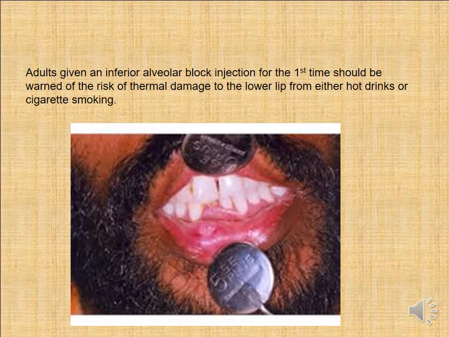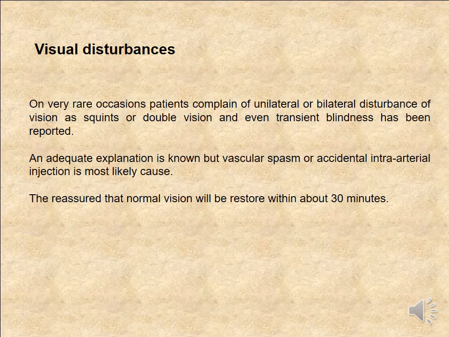The other problem, which is very, very rare, is visual disturbance. On very rare occasions, patients complain of unilateral or bilateral disturbance of vision, such as blurred or double vision, and even transient blindness has been reported.